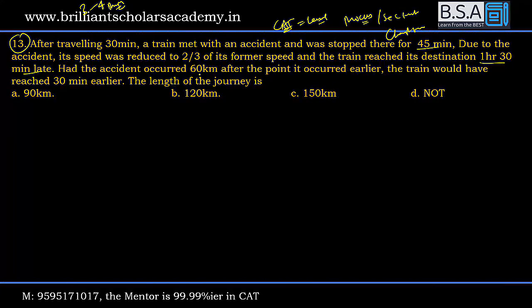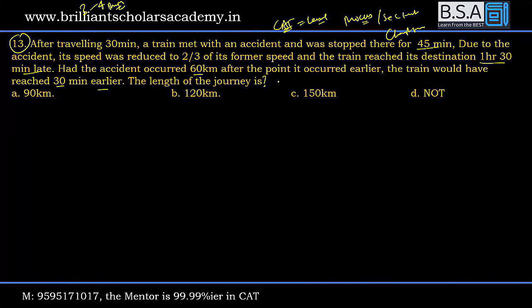Had the accident occurred 60 kilometers after the point it occurred earlier, the train would have reached 30 minutes earlier. The length of the journey is.